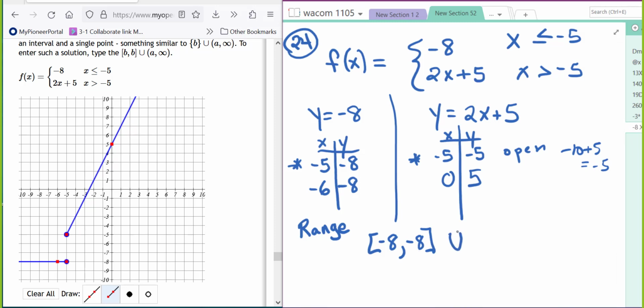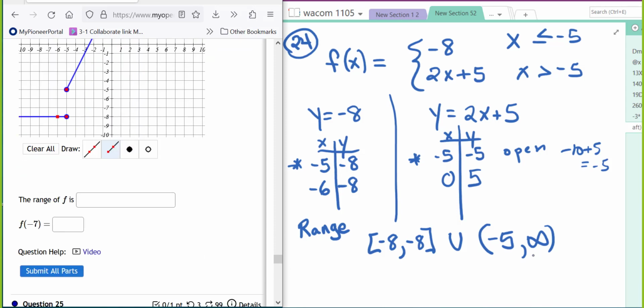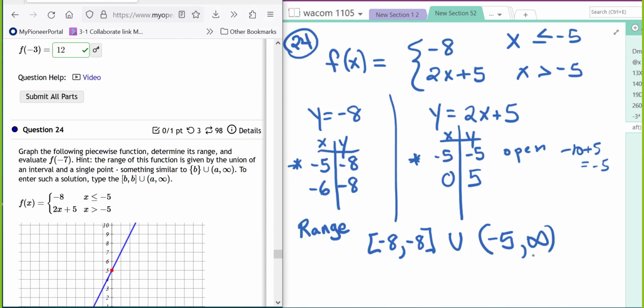All right, and this one was an open circle, so it's going to be a negative 5 with a parentheses, and then it goes forever up. So that should be our range. And I don't know what else they asked us. F of negative 7.